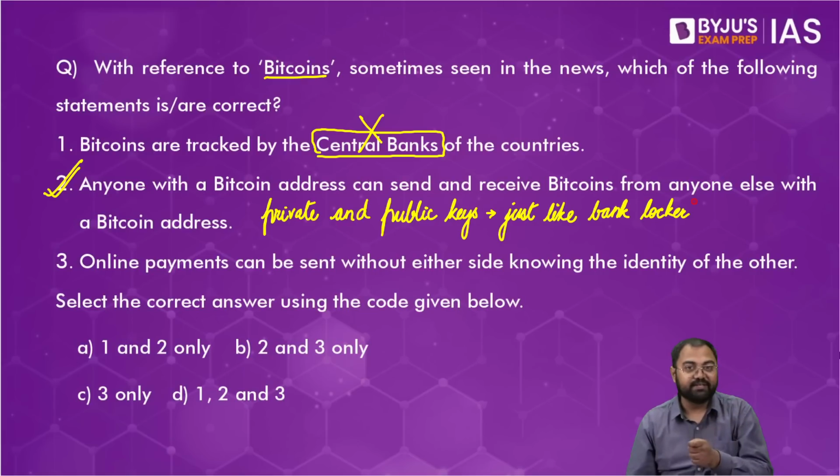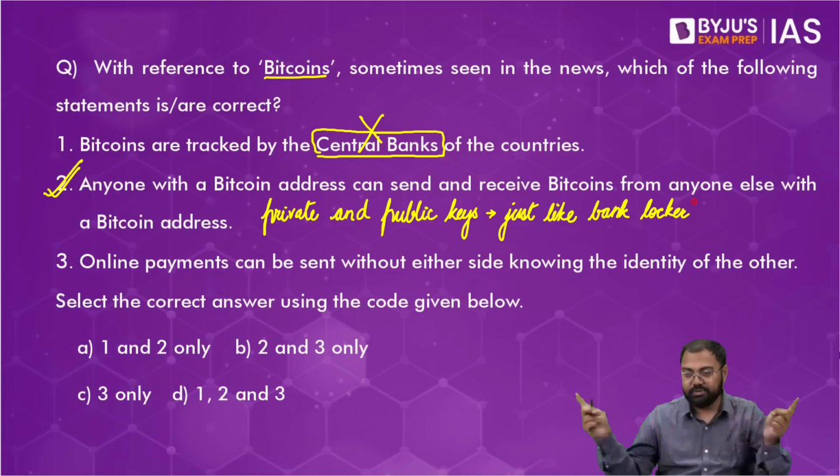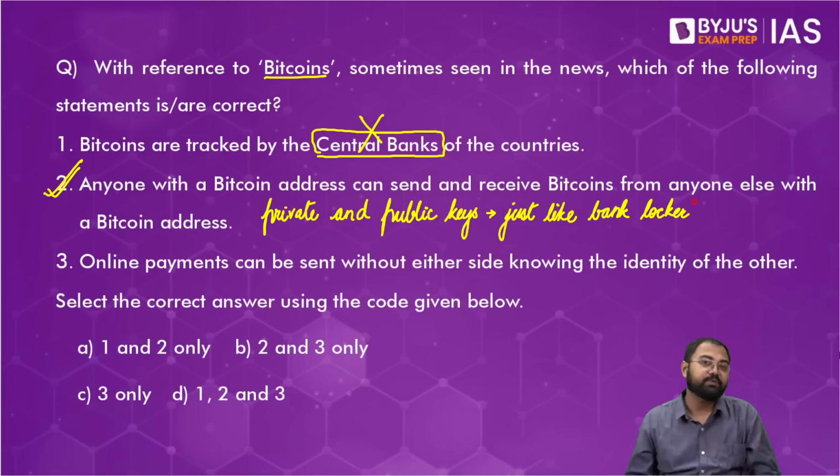Something similar is seen here: in the blockchain, there will be a private key, the private address that belongs to the user, and then there is the public key of this entire blockchain network itself. So unless both the keys are used by two end users, the transaction between them cannot be established. So that's why this is correct.